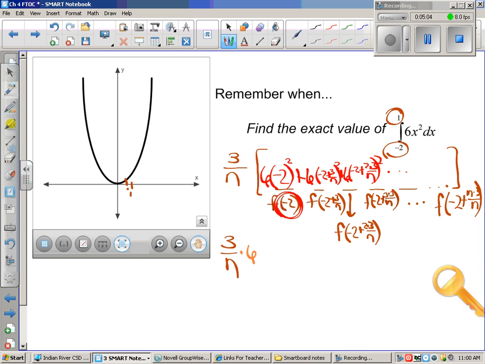You good with that? Okay. Now you want, with all that's in you, you want to take a -2 out, and you want to take that 3 over n out because it's in every one of them. But why can't you? Does anybody know? Because it's squared. So before I do anything with those, understand that what I have here is I have things that are squared. And so we can't do that.